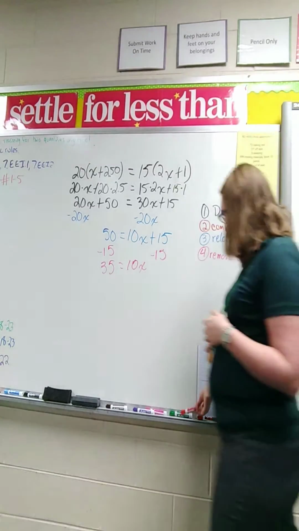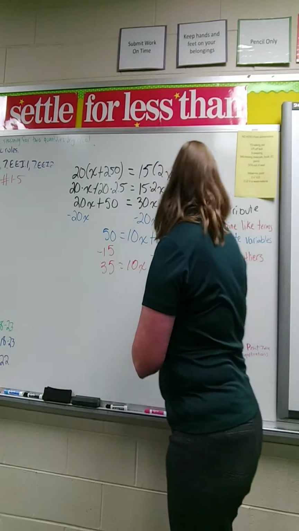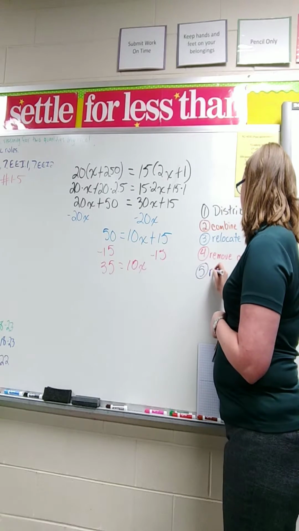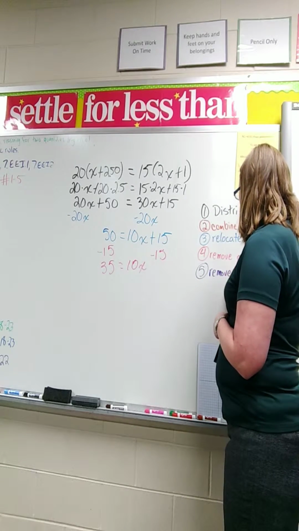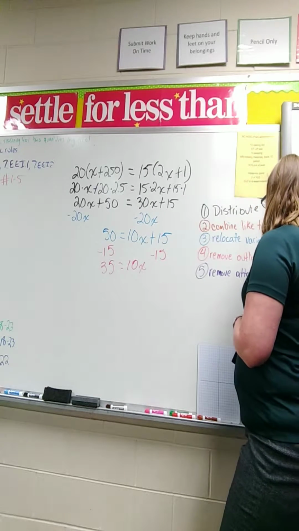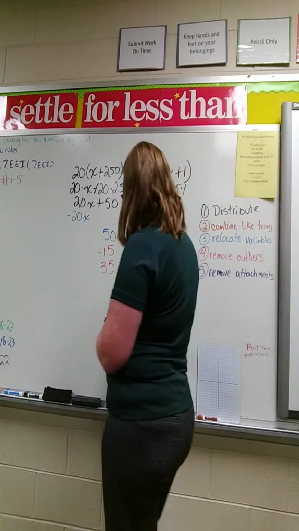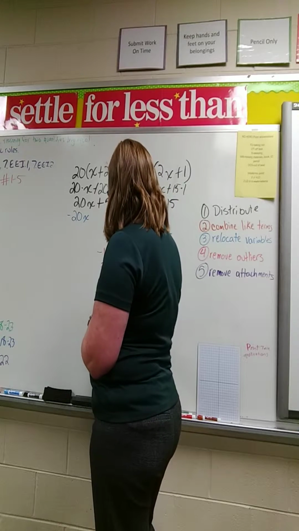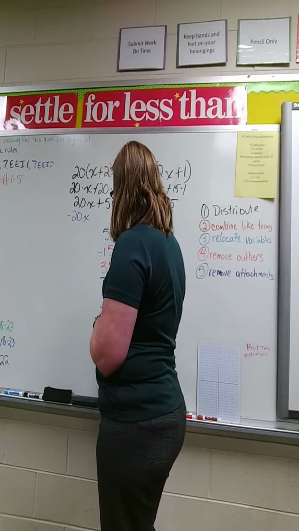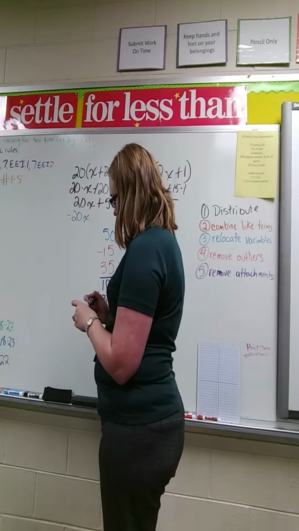And lastly, we're going to remove our attachments, which says I divide both sides by 10. So 3.5 is equal to x.